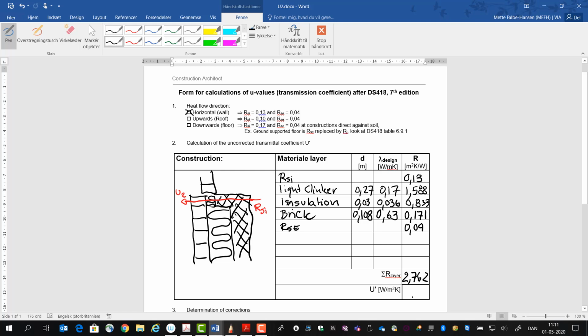And then we add all these resistances together, and that is 2.762, and then the U value is 1 divided by 2.762, which will give 0.362.